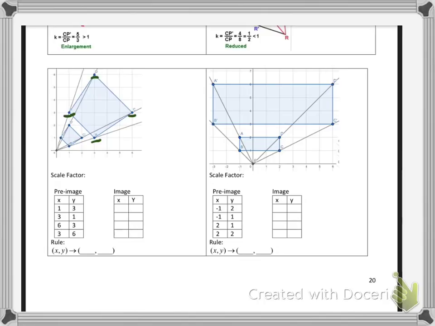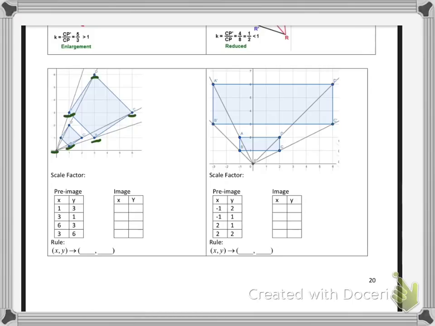And the fact that all of these points are connected along the same line, like if I take B and go along the same line, I have B prime and then the point of dilation. Same thing with C, C prime, point of dilation, and all of them. The fact that that's true means I know I'm dilating by a uniform scale factor. It's the same for all the points for X and for Y.